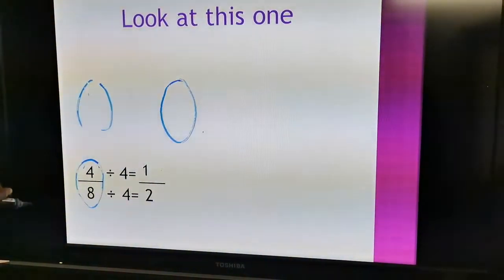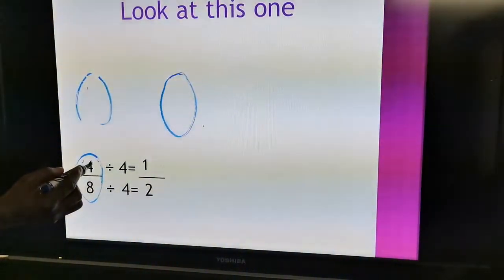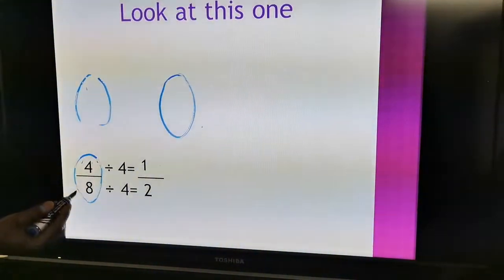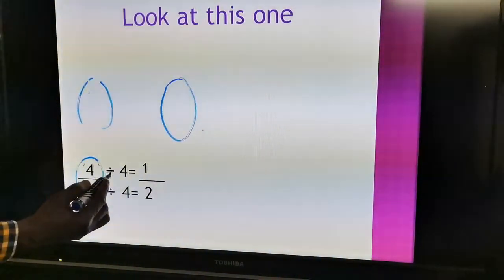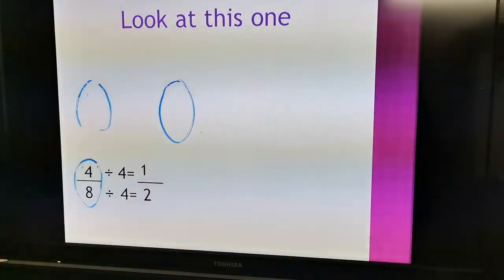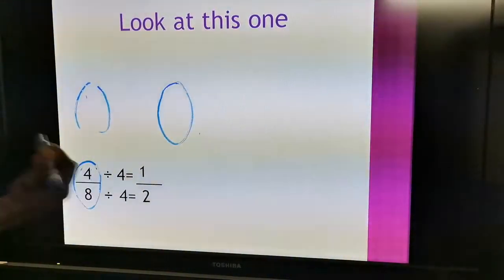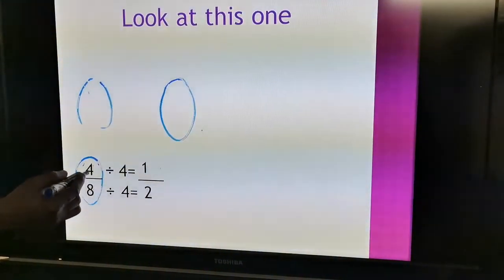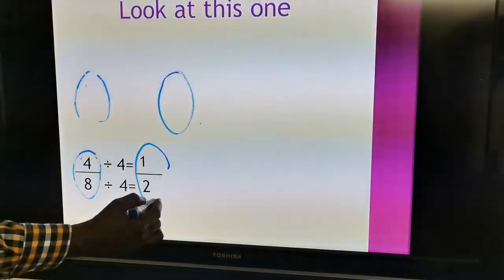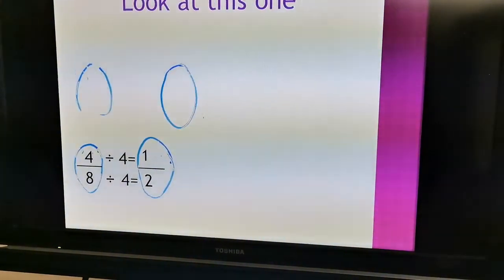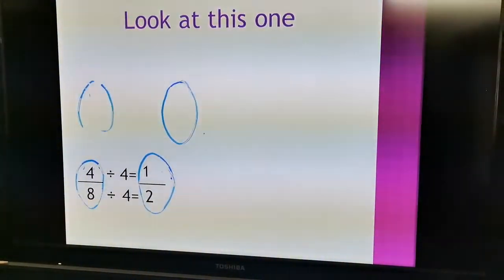So we divide the numerator by 4 and divide the denominator by 4. 4 divided by 4 will give us 1. 8 divided by 4 will give us 2. So when you simplify 4 over 8, our answer will be 1 over 2. Okay, guys?